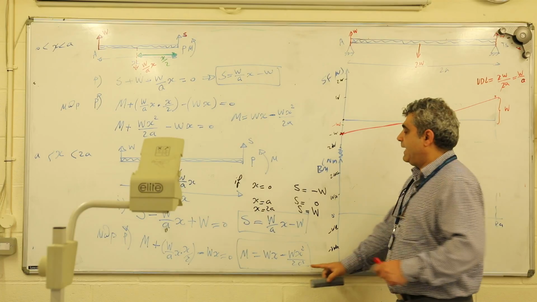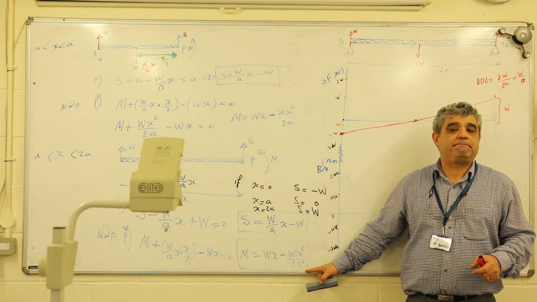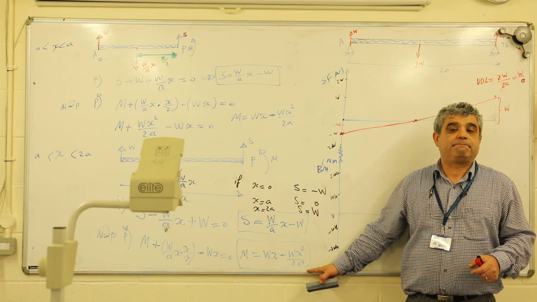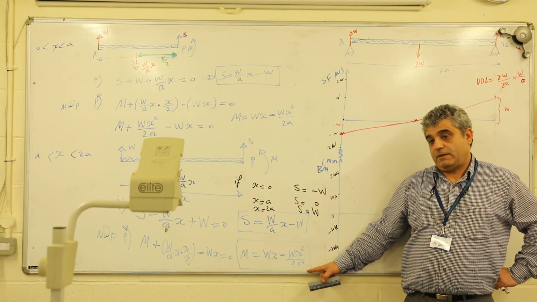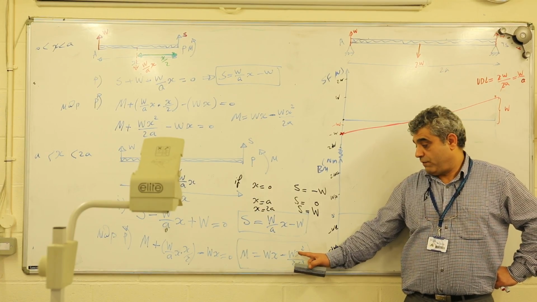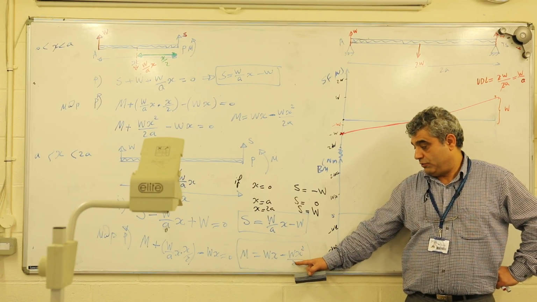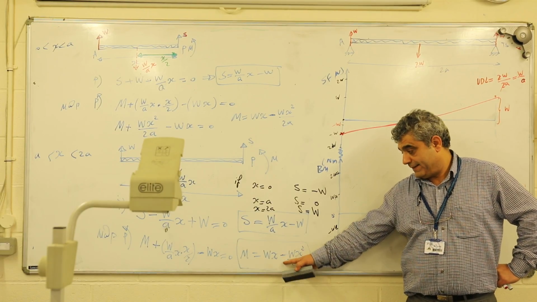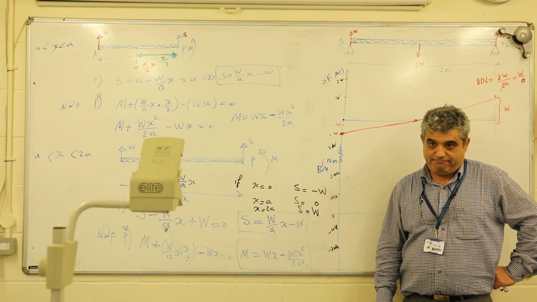So by looking at this equation, is it a maximum or minimum curve? What's the coefficient of the highest power? The highest power is x squared. What's the coefficient of that? The number which is multiplied by x squared. What is it? W over 2a, the whole number is minus. So minus W over 2a is less than 0. So the curve is going to be a maximum. Yes?